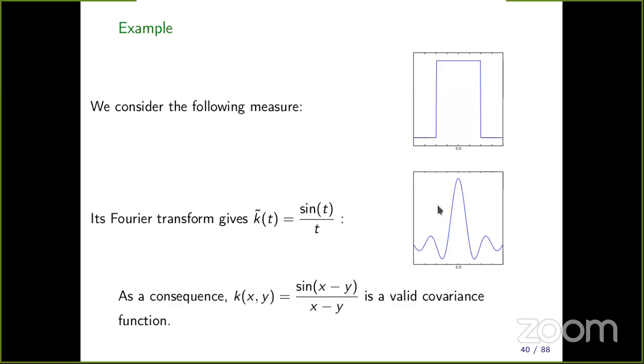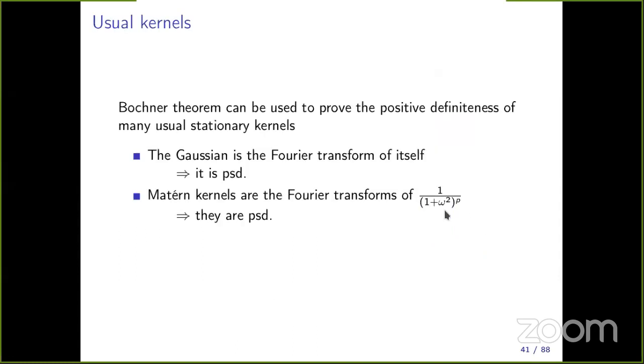And according to Bochner's theorem, since this is positive, this can be used as a covariance. If we look at usual covariances, the RBF kernel is the Fourier transform of itself, and itself is a positive function, so it is positive semi-definite. And Matérn kernels are Fourier transforms of measures that write like this, so they also are positive semi-definite.